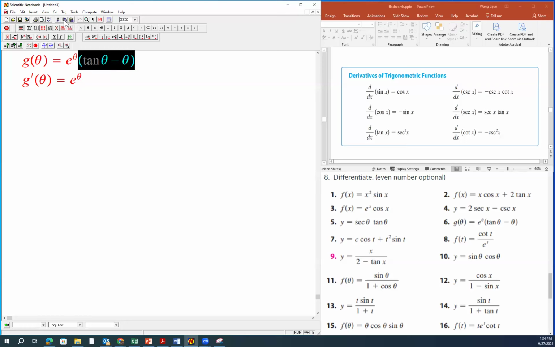And the other part stays the same, no change, plus keep e to the power theta and differentiating inside the parentheses. The derivative of tangent is secant squared. The derivative of theta with respect to theta is 1, minus 1.